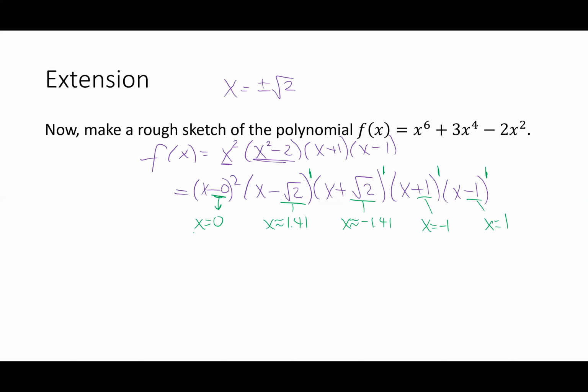So the x equals 0 is a double, and the rest of these are all single because of their multiplicities. We know this is a double root because of that. So all of these other guys are single. Believe it or not, we have everything we need to make this rough sketch.